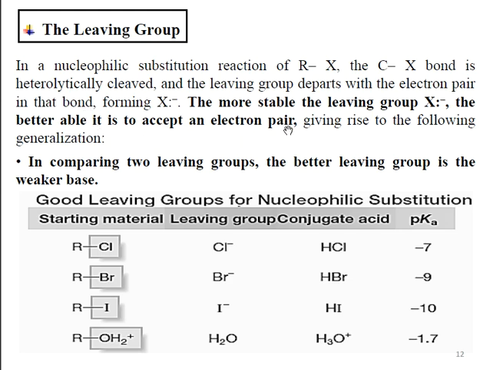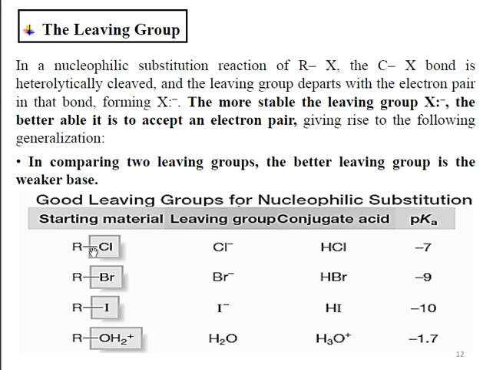That means the leaving group can keep both of the electrons more stably for a longer time, giving rise to the following generalization. If you want to compare two leaving groups, the better leaving group is the weaker base. What does weaker base mean? You can write here more stable. More stable means weaker base.